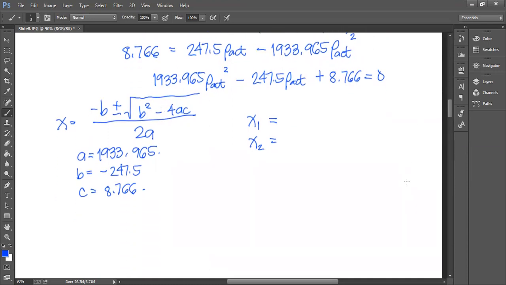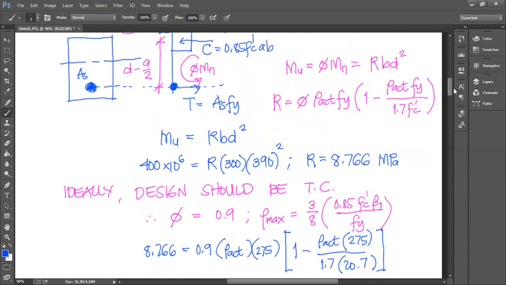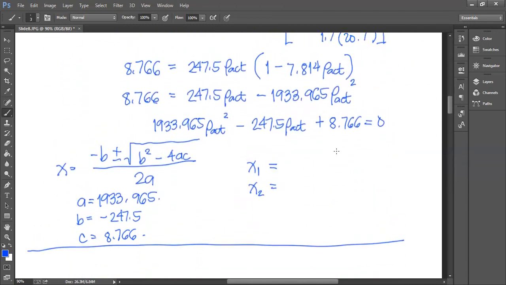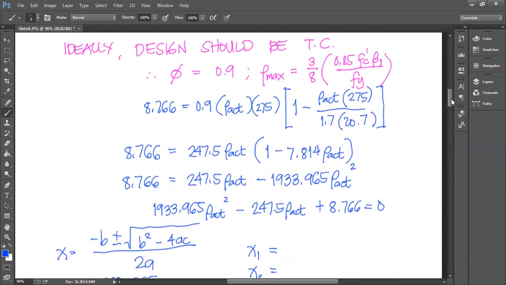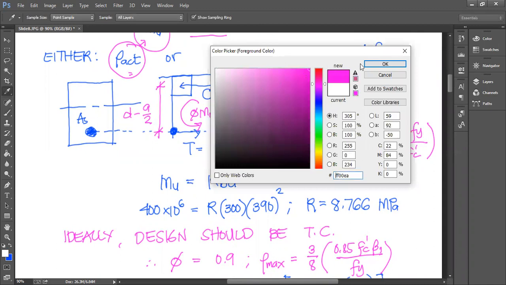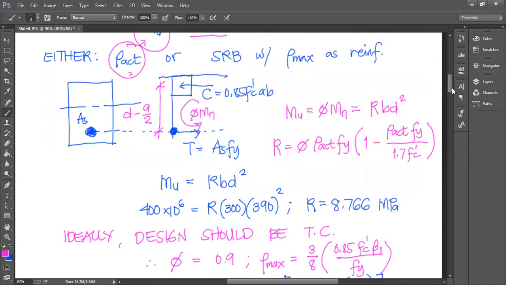Ngayon, i-cut natin itong process na to. So, since medyo mahaba yung process natin, kung mag-lean tayo dito sa raw actual, so pwede natin gawin na another option is yung singly reinforced beam with raw maximum as reinforcement.